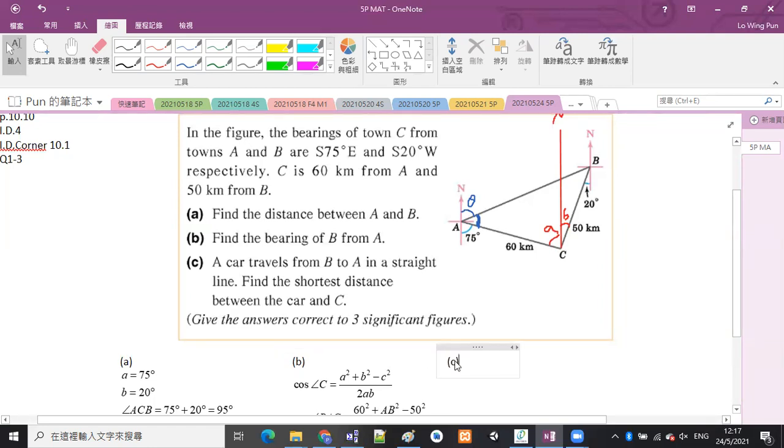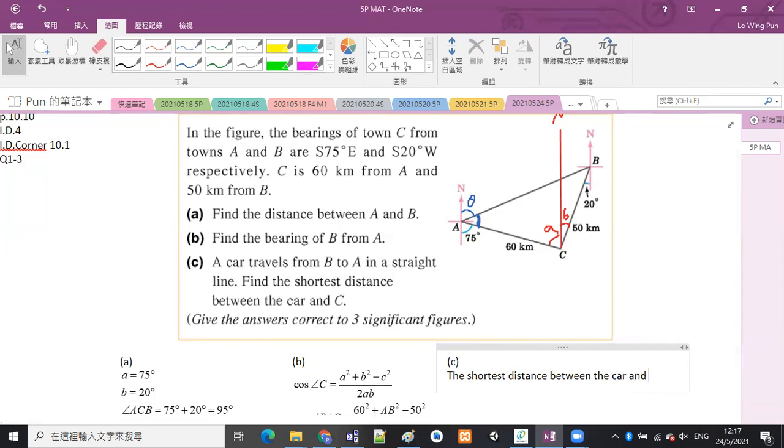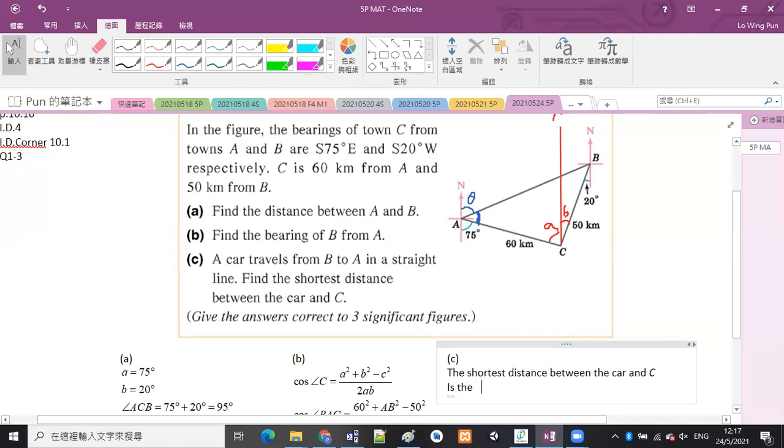Write this down. The shortest distance between the car and C is the perpendicular distance from C to AB.